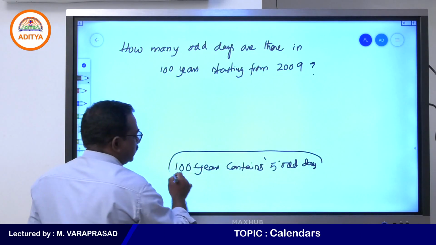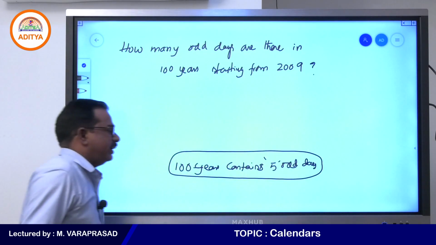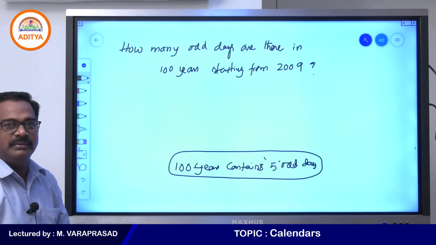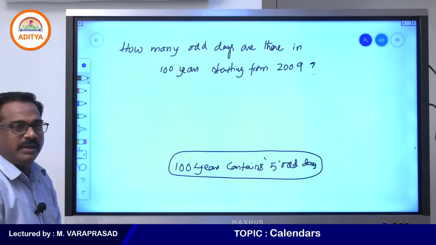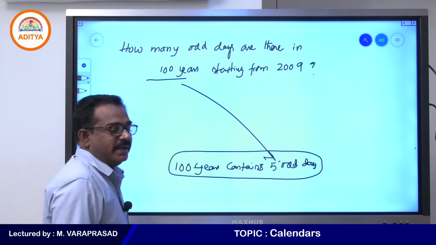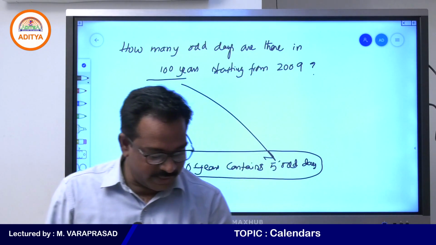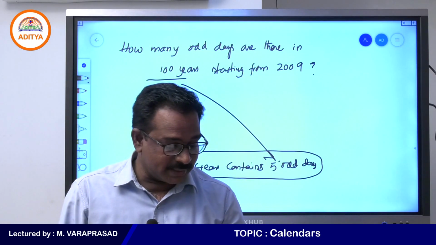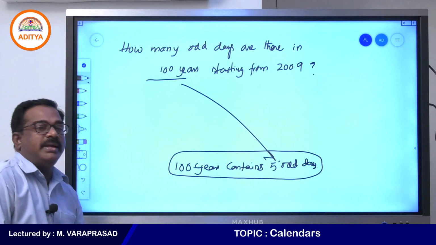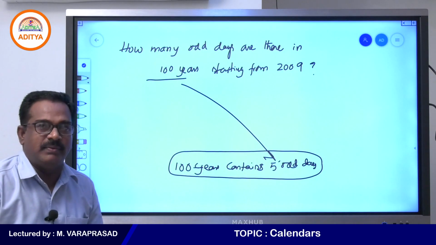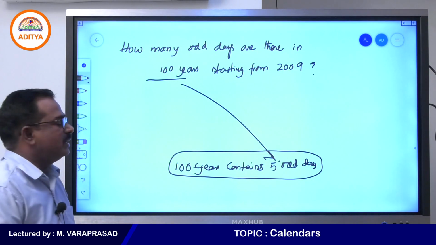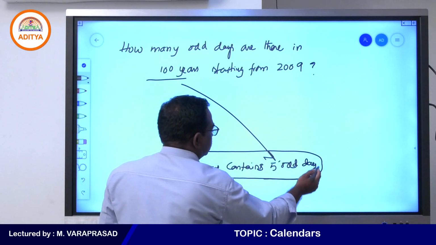So starting from 2009 or 2010 doesn't matter. Starting from 2009 means 100 years up to 2109, and counting those 100 years you get only 5 odd days.